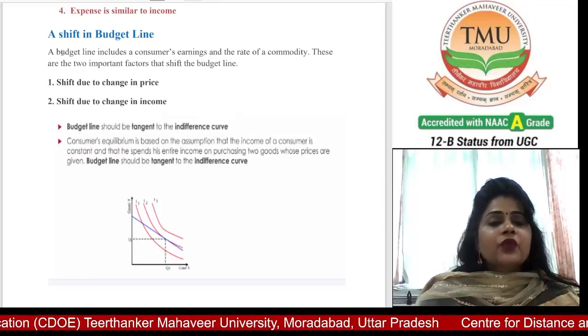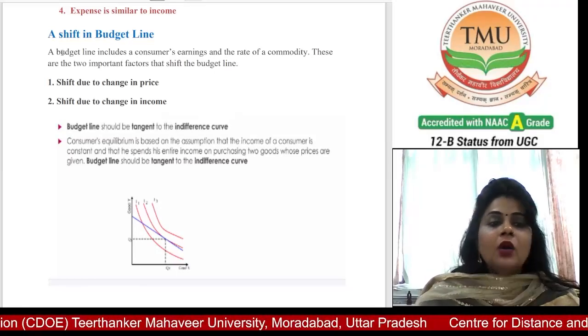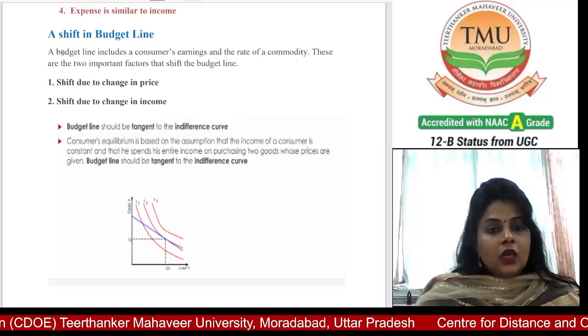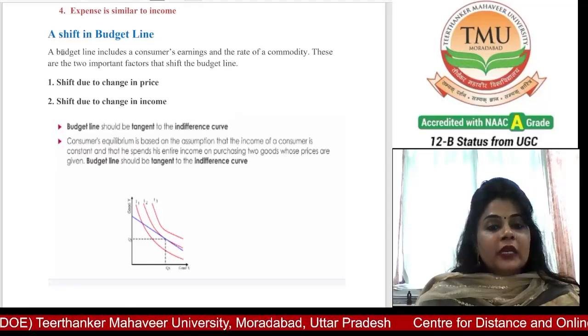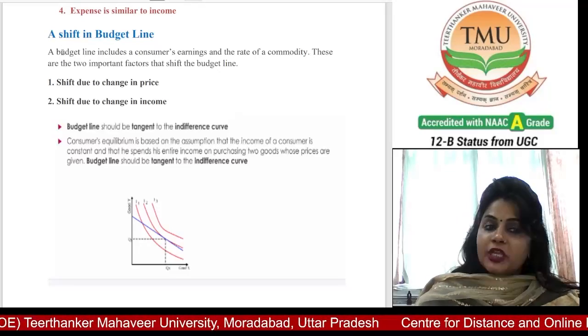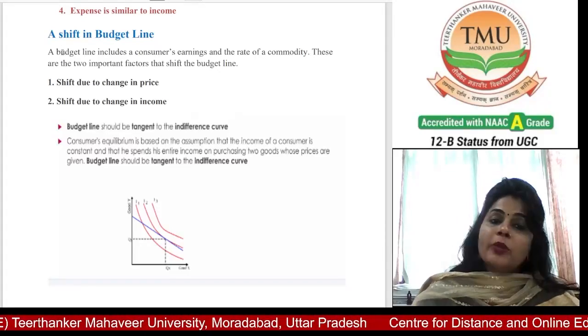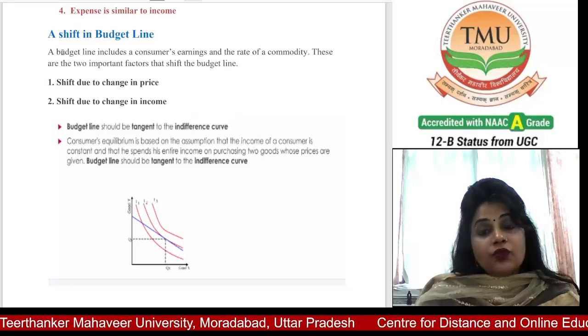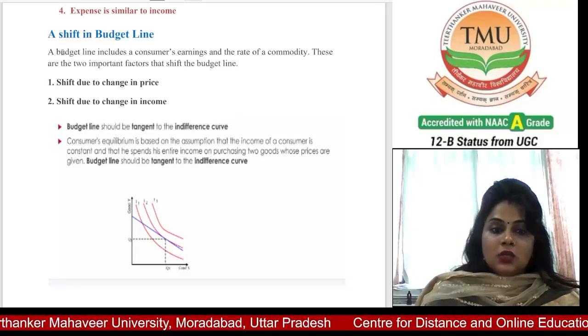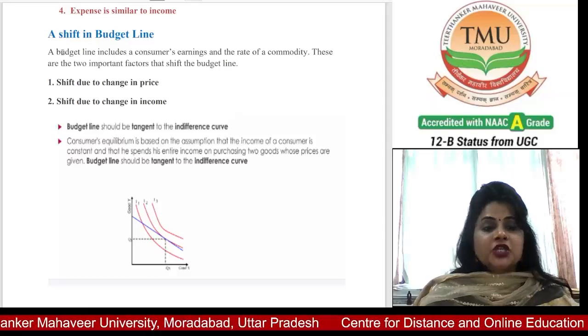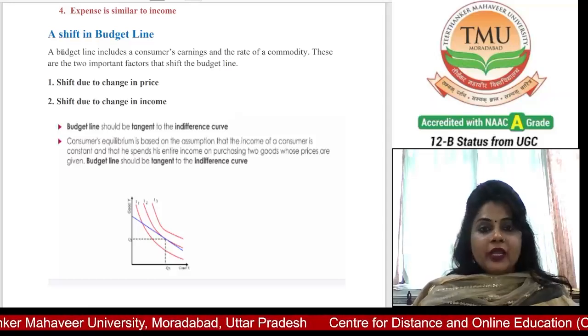For example, if the price of product A and the income remain constant and the price of product B decreases, then the buying potential of product B automatically increases.